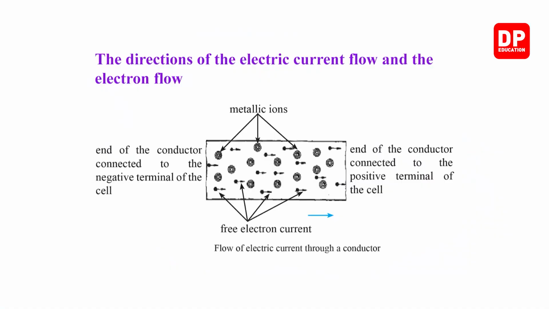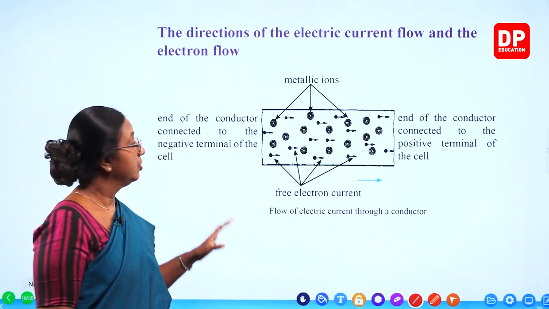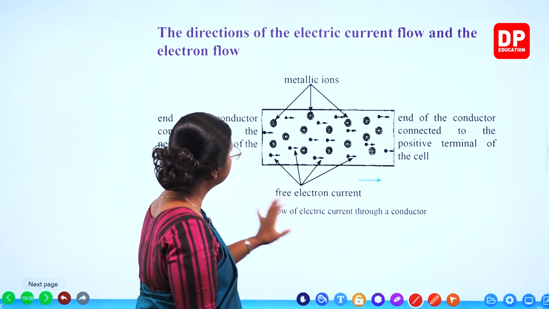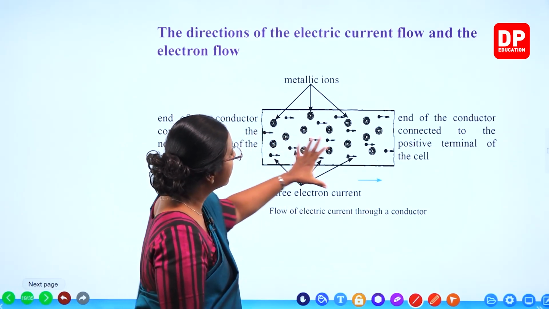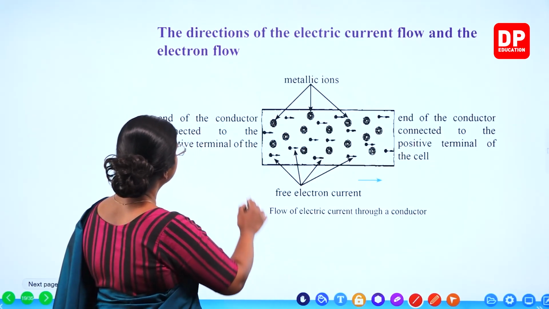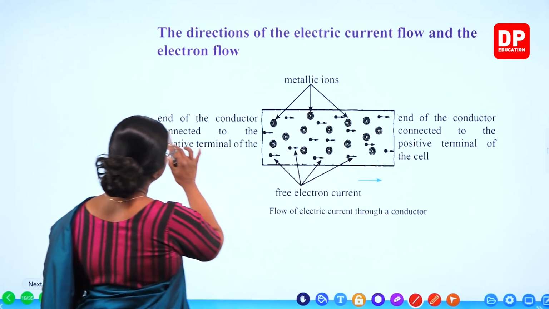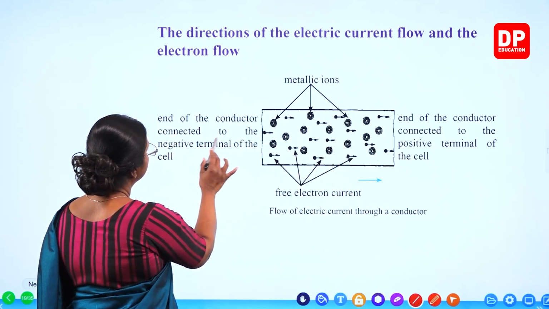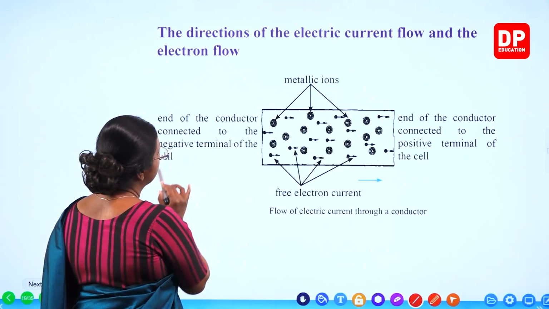The directions of the electric current flow and the electron flow. So this is the first figure, where there is a metal conductor. Now here you can see this is a metal conductor, the end of the conductor connected to the negative terminal of the cell.